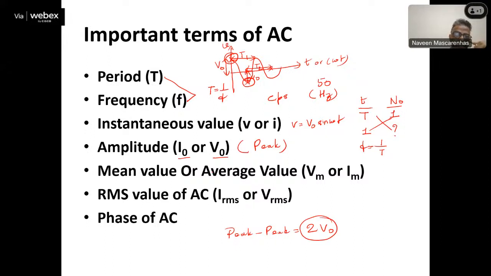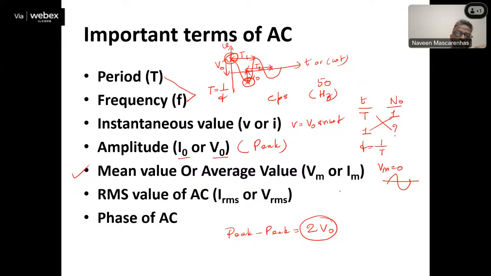The mean value or the average value. The next one here. Average value of AC taken over a complete cycle is 0. So Vm is always 0 for the entire cycle. Therefore, it is not defined for the entire cycle. It is measured over half a cycle.